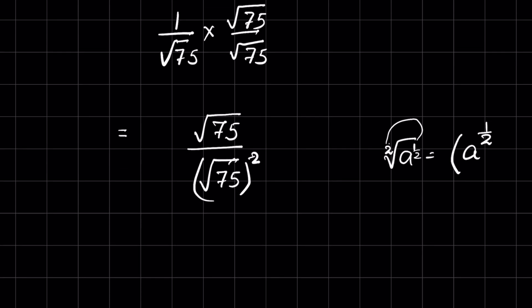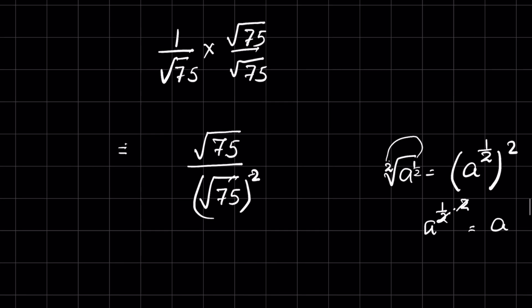And when we square it, this becomes A raised to the power of 1 upon 2 times 2. This 2 and this 2 get cancelled, so it becomes A. So whenever you have to remove the square roots, you square both the sides so that the action is balanced. Since we are dividing and multiplying by the same number, we are balancing the number, not changing the fraction.